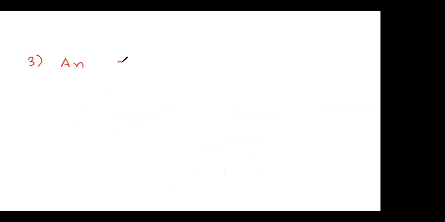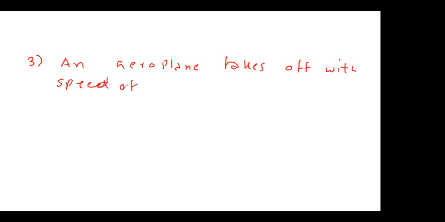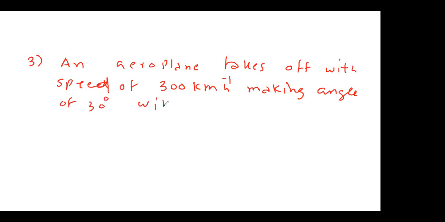An aeroplane takes off with speed of 300 kilometer per hour, making angle of 30 degree with horizontal.